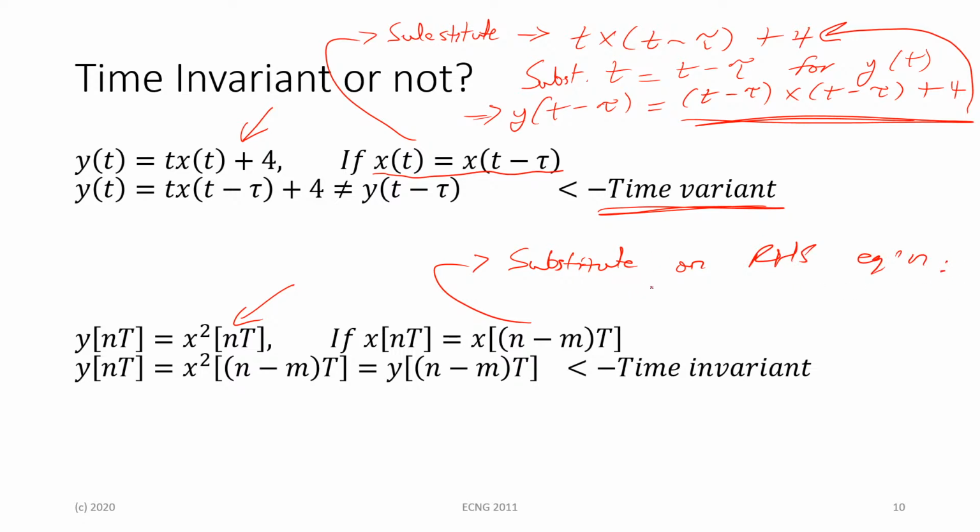So for the right hand side, we'll get x squared of n minus m t.